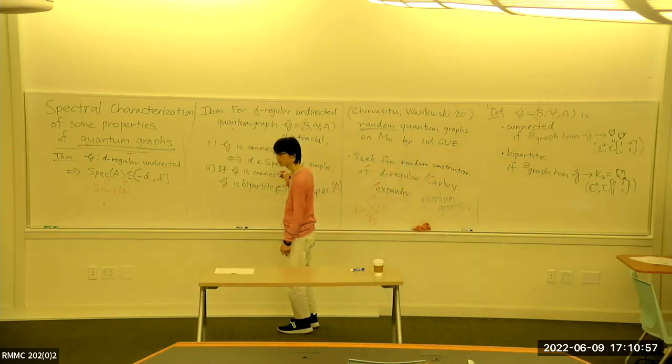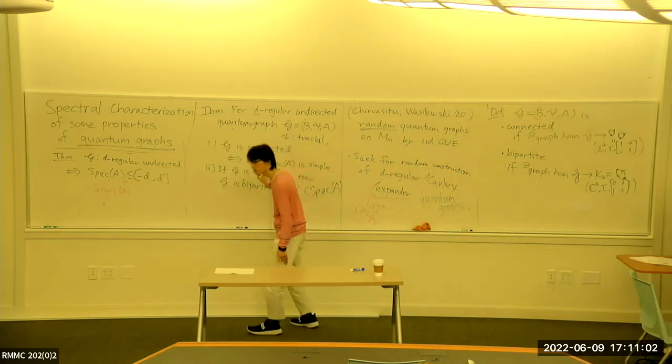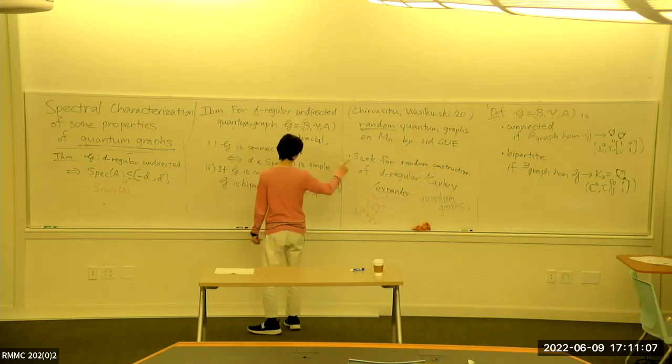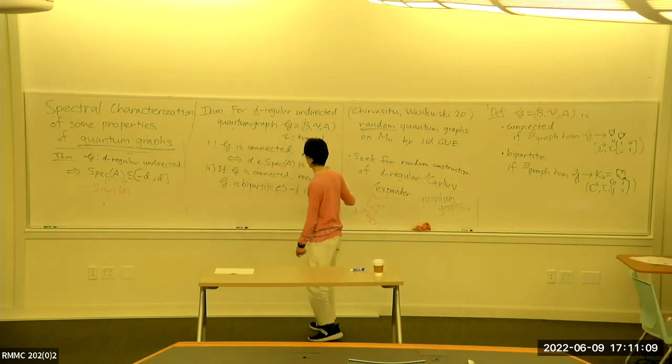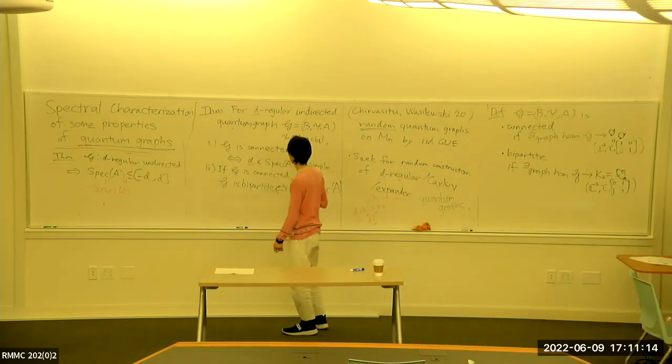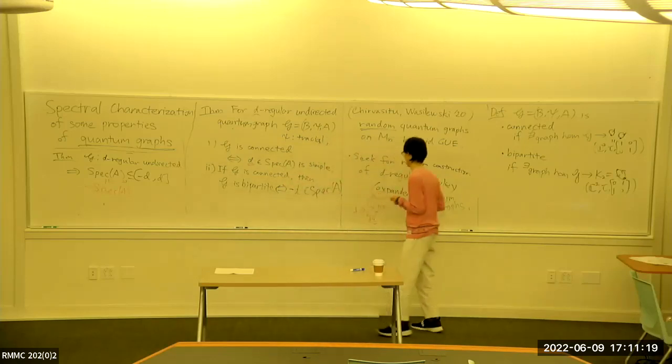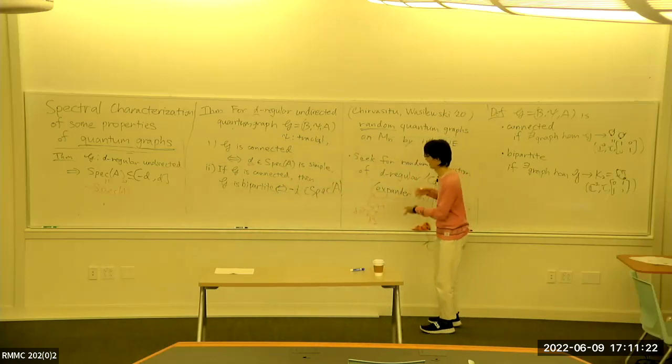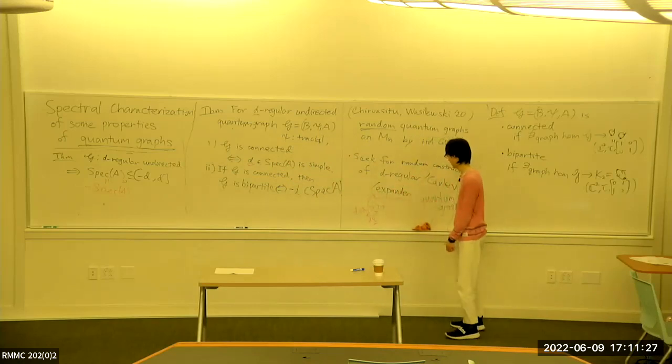For expanders, we always assume regularity, so the largest eigenvalue is D, always. Currently we have no result about it, but it should be investigated.